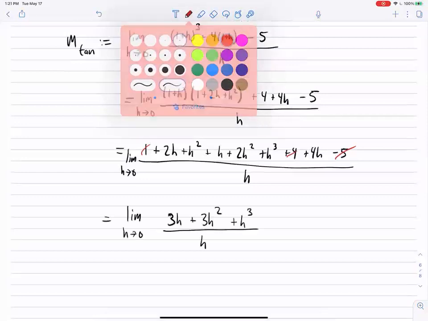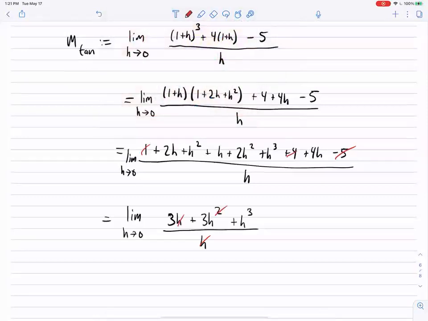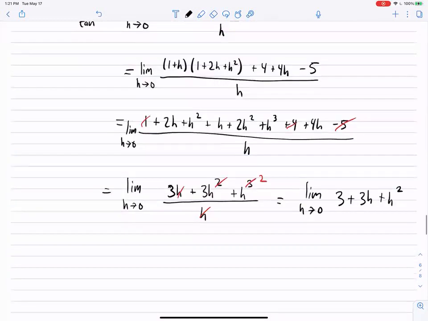Now every term has an h in it, so we can cancel. So this is equal to the limit as h approaches 0 of 3 plus 3h plus h squared. Now we can set h equal to 0, and so this equals 3.